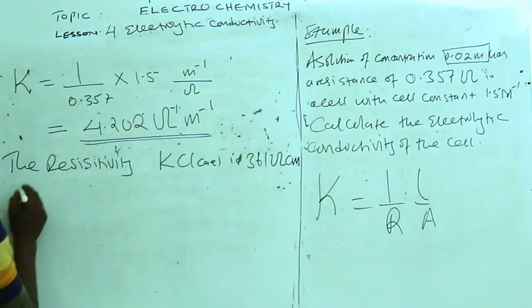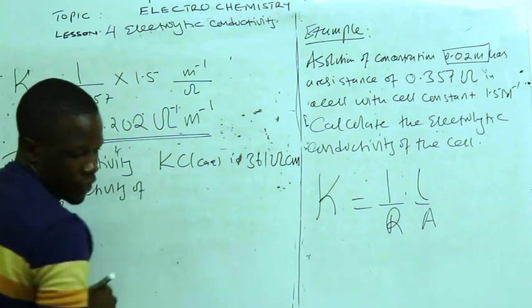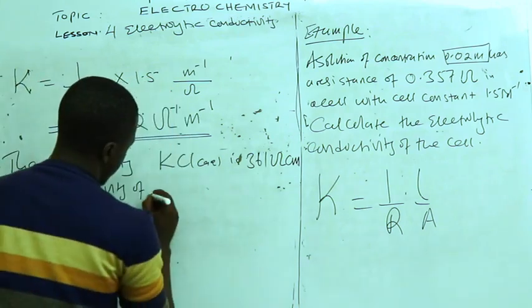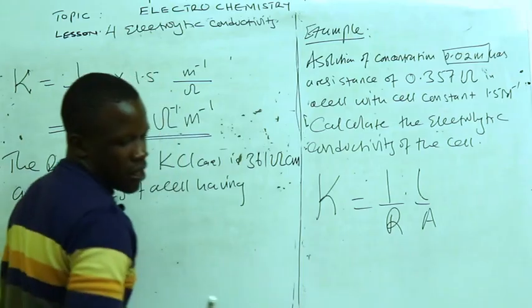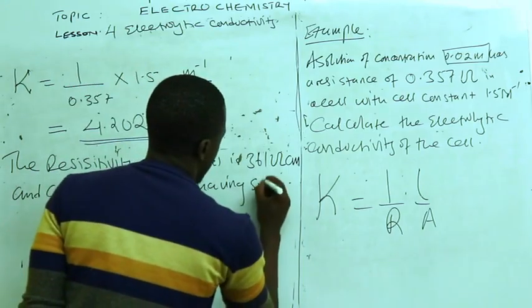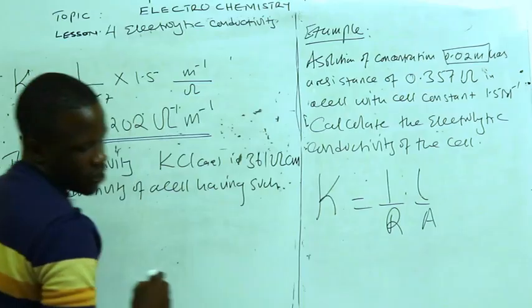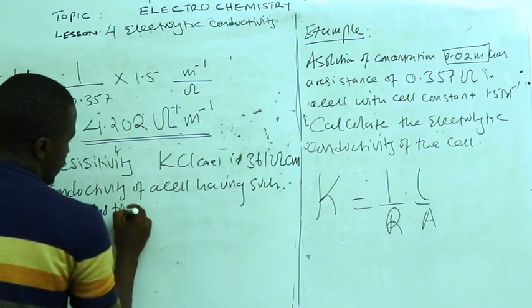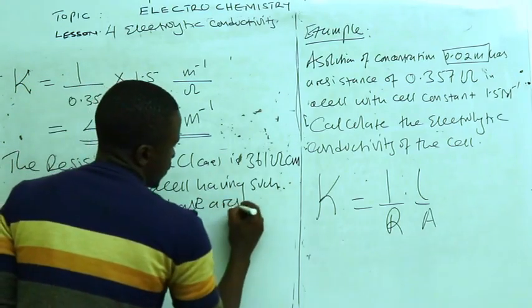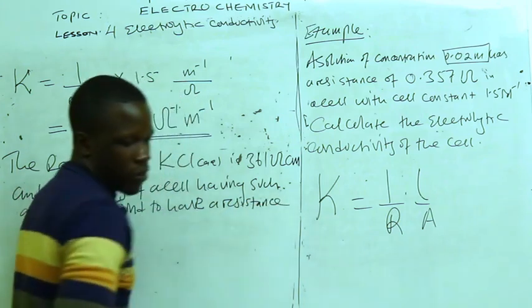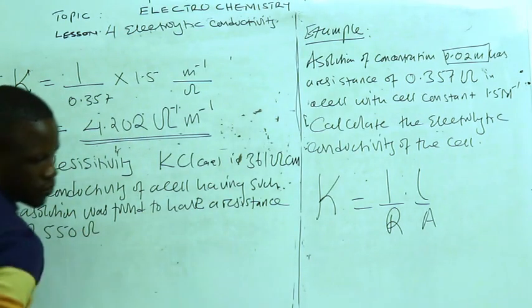And the conductivity of a cell having such a solution was found to have a resistance of 550 ohms.